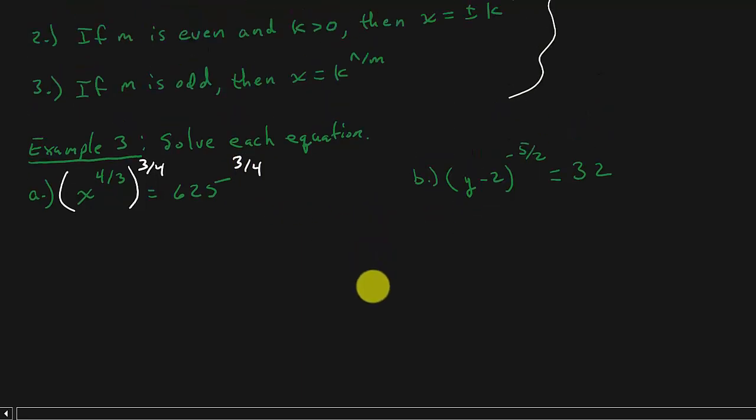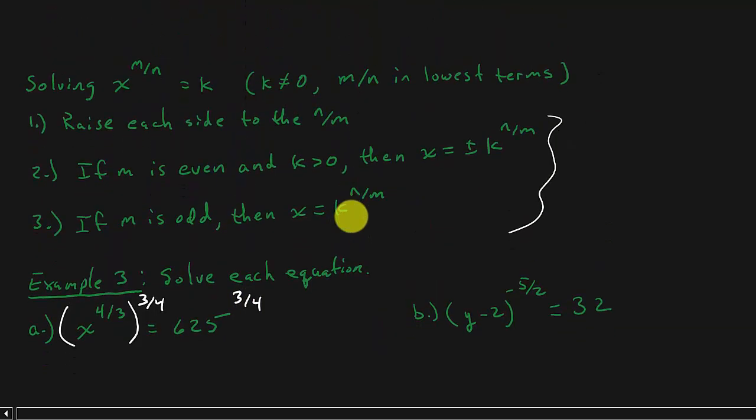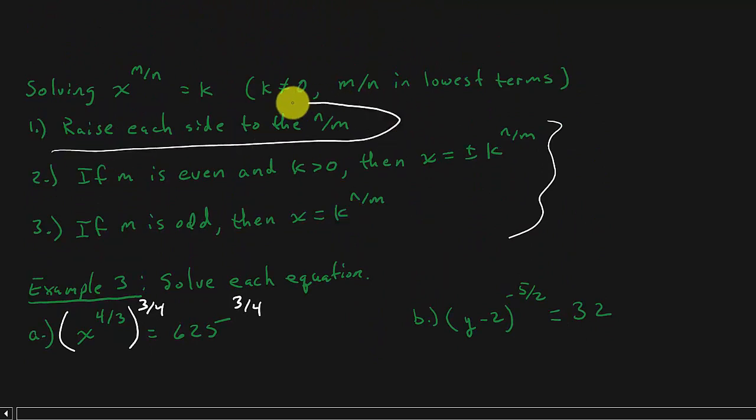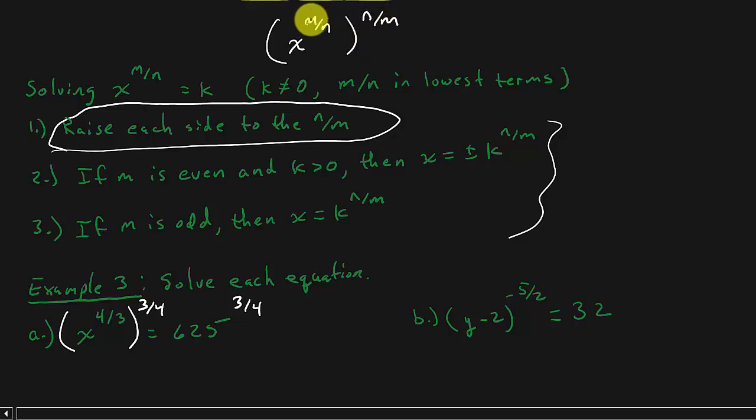Okay? And look, that's what they're talking about right here. See, if you have x to the m over n, they're telling you to raise each side to the n over m, because when you multiply these, the m's cancel out, the n's cancel out, and you're left with x to the first power. And that's why you're doing that.